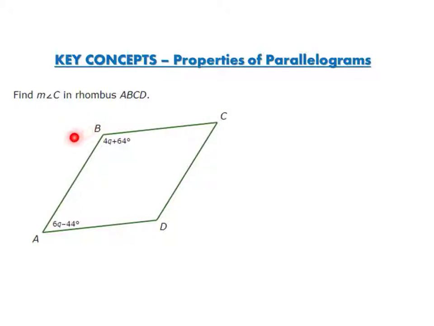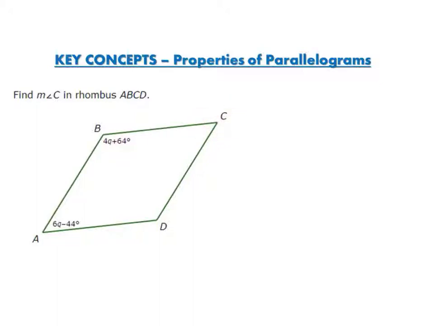Well, we also know that these two angles are consecutive angles, and they would equal 180 degrees. So that tells us that this angle and this angle must be the same measurement. So once we find out what Q equals, we just need to find out what this angle equals, and that will be the same measurement as angle C.